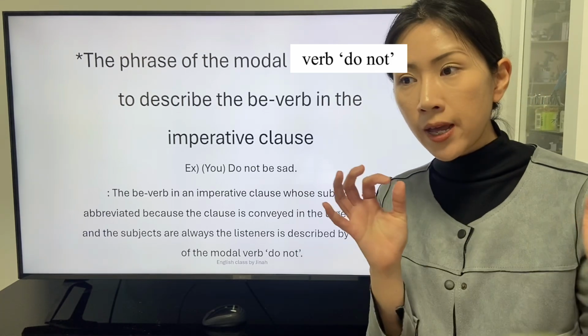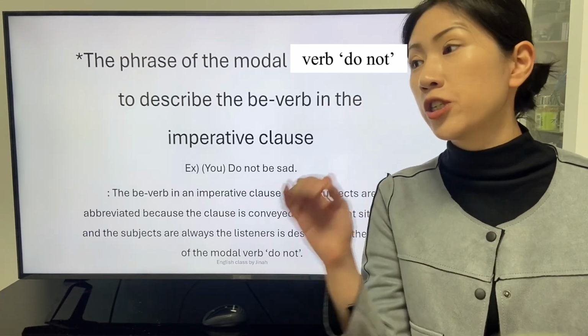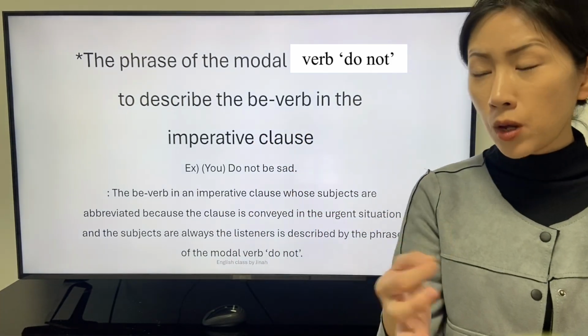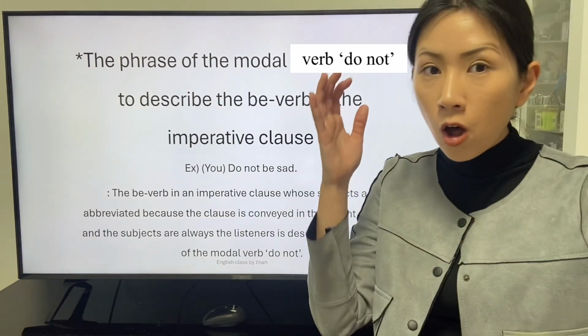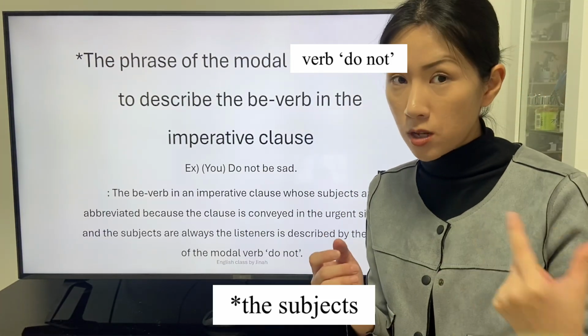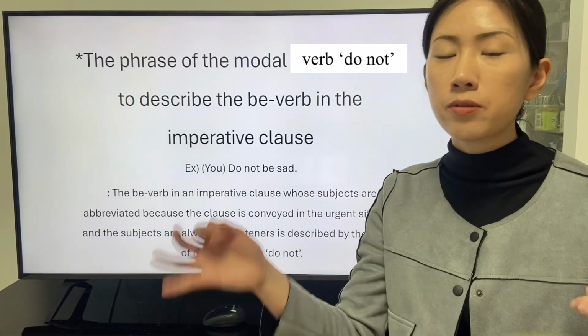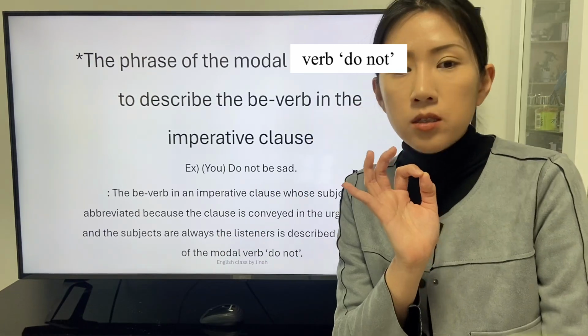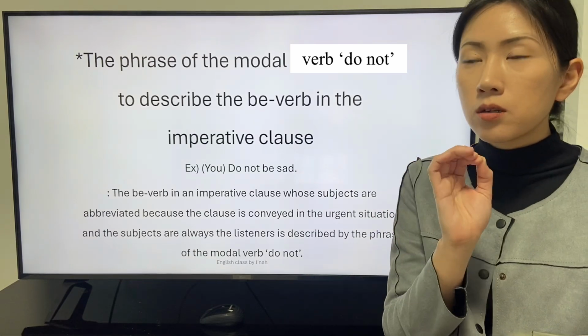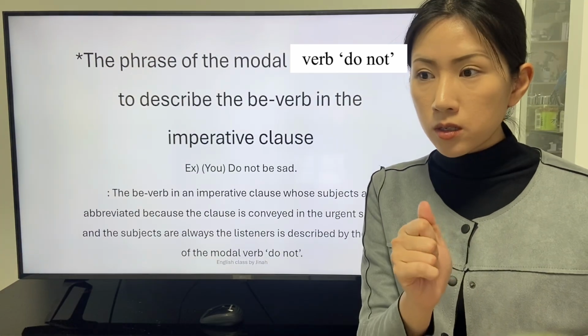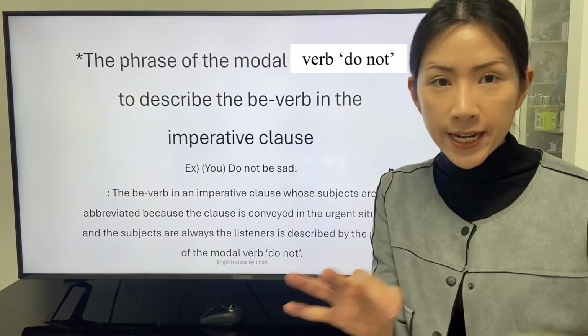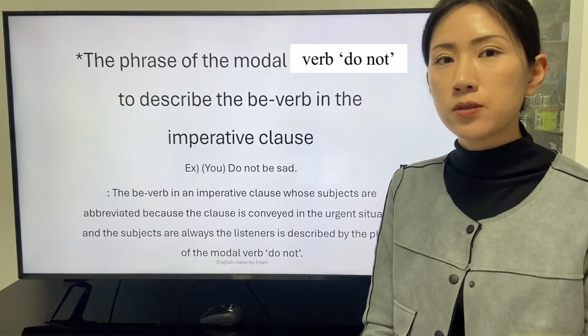The speaker is in an urgent situation, so the speaker abbreviates the subject indicated by the personal pronoun you. The imperative clause is supposed to be conveyed only to the listeners.